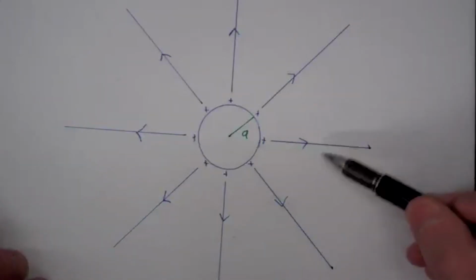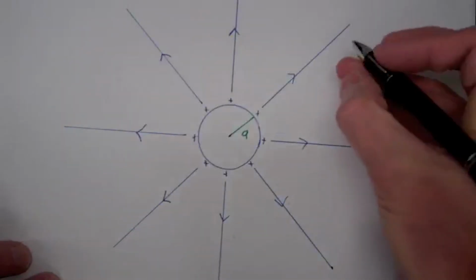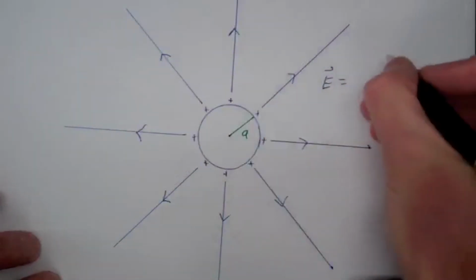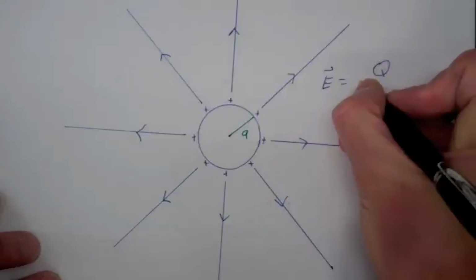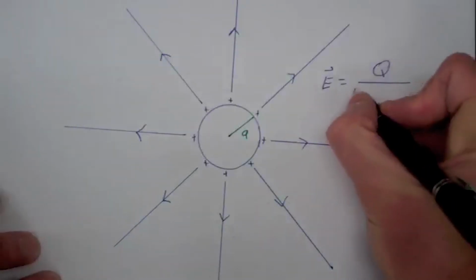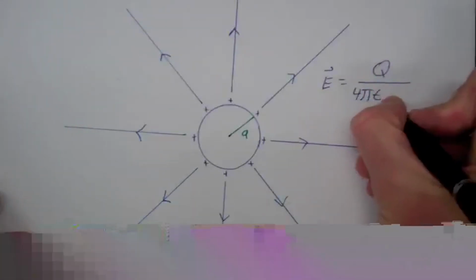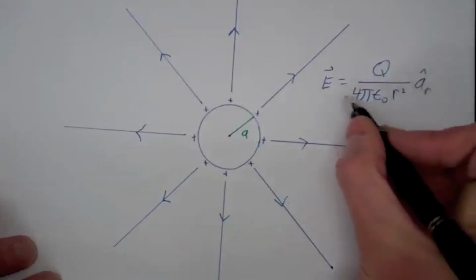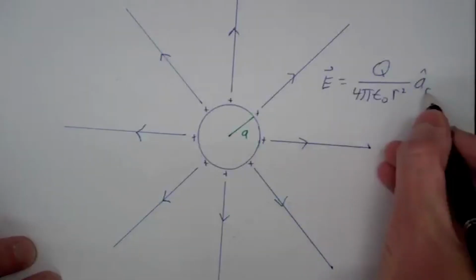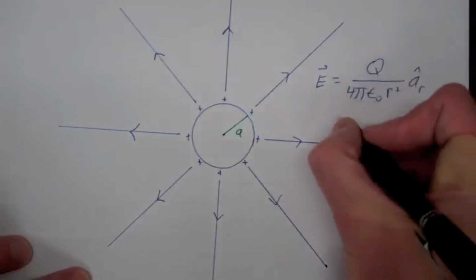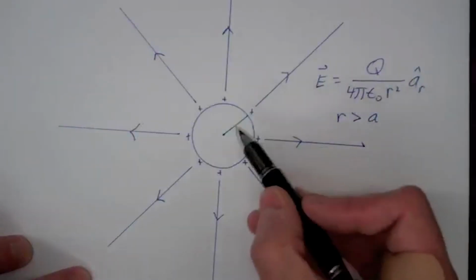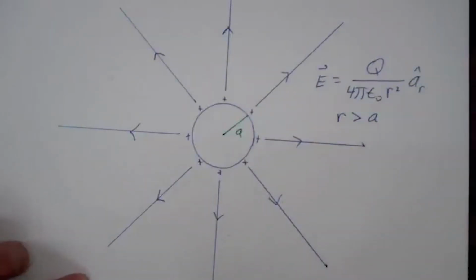So here's a representation of the electric field intensity, and we know that the electric field intensity will be equal to the total charge we have on the sphere divided by 4 pi epsilon sub 0 r squared. The only component of the electric field is in the a sub r direction, and this is valid for r greater than a, because for r less than a there is no electric field intensity.